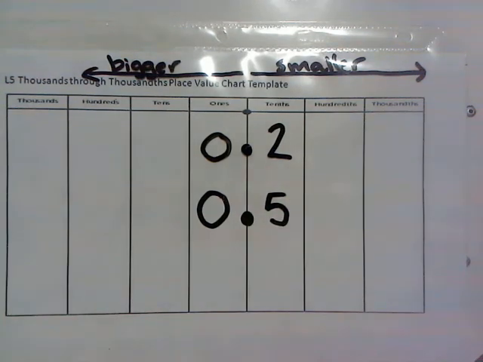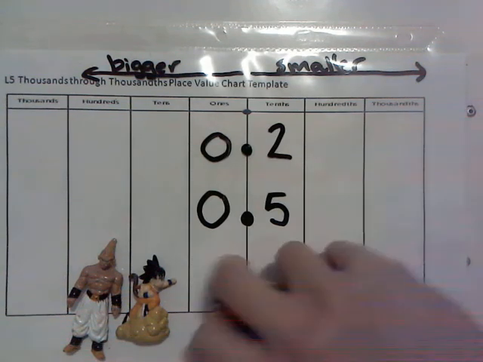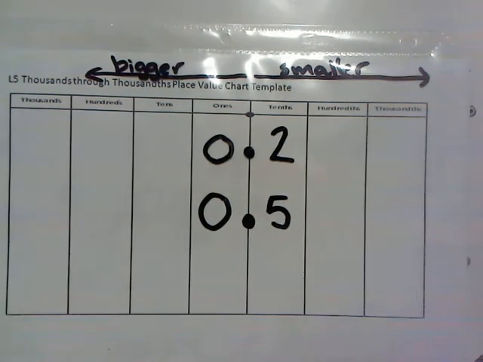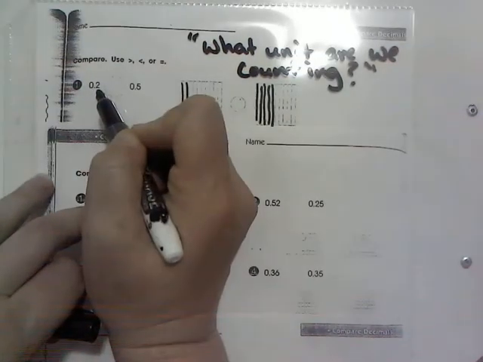I cannot compare them by saying 2 of these is less than 5 of these if they're different. They're worth different amounts. So we would say that this 2 is counting tenths.